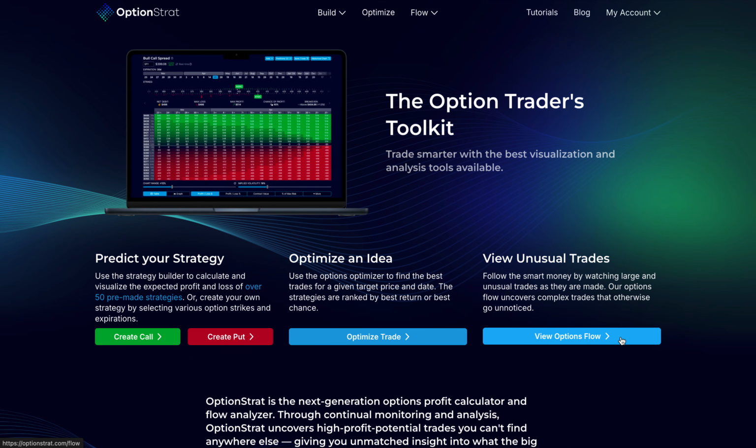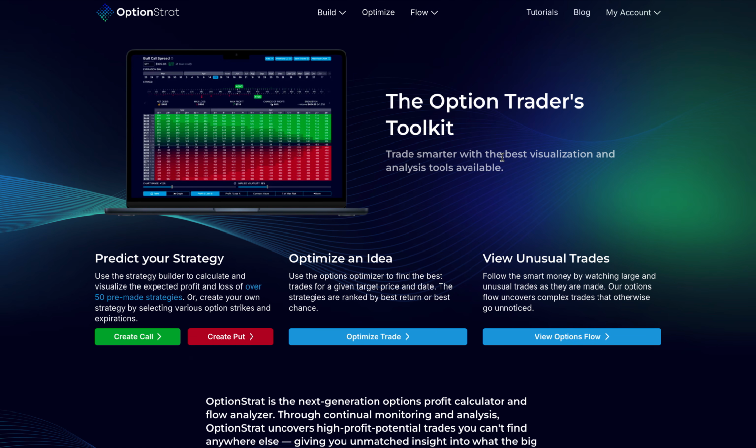But what a lot of people don't realize is that it also has what is called the optimize tool. So this tool will help us potentially find some of the best options trades fast based on the criteria that we are looking for. So let's take a look at how we can use this tool to find options trades. And by the way, most of the stuff that you'll see here today, you can use for free. So you don't have to pay to use this tool.